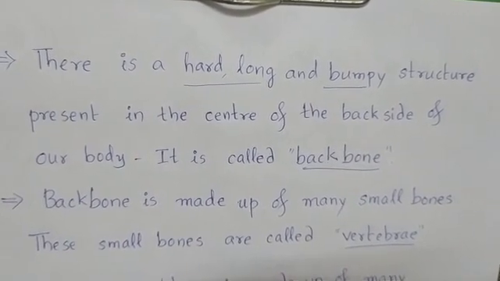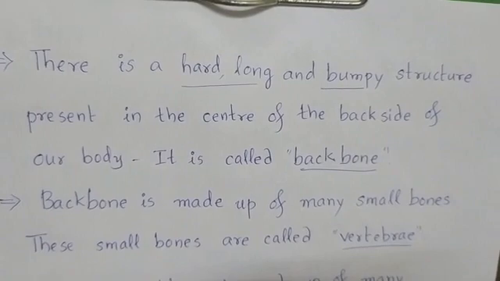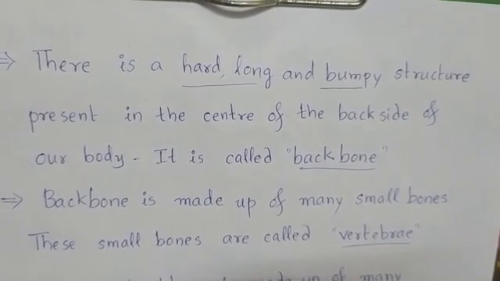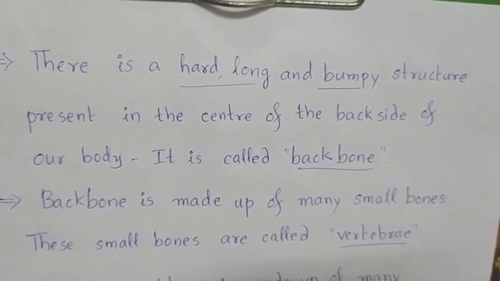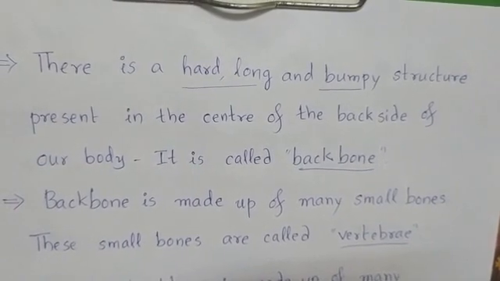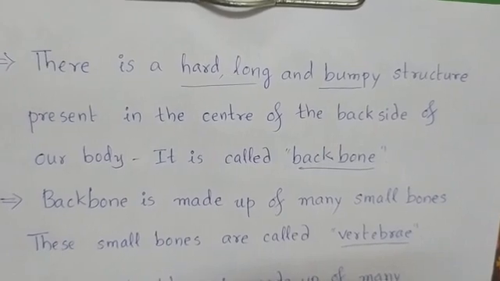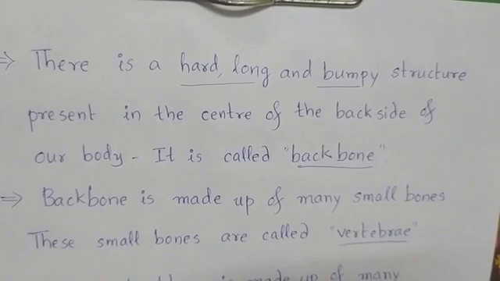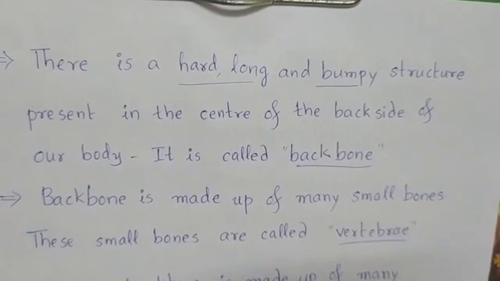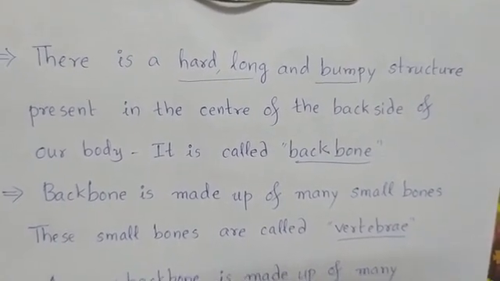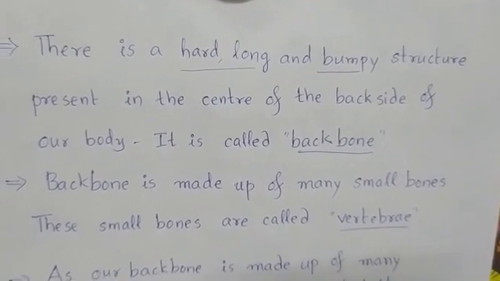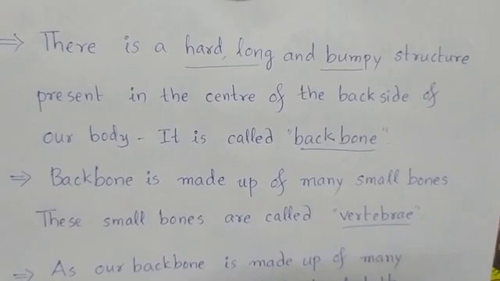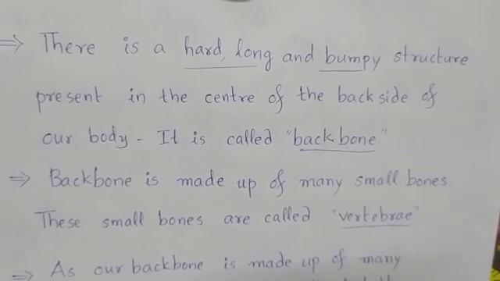Here the joints between the small bones of the backbone also allow these small bones to bend forward to some extent, backward to some extent. And these small bones are called vertebrae. What are they called? Vertebrae, right? As the backbone is made up of many vertebrae, the backbone is also called the vertebral column.